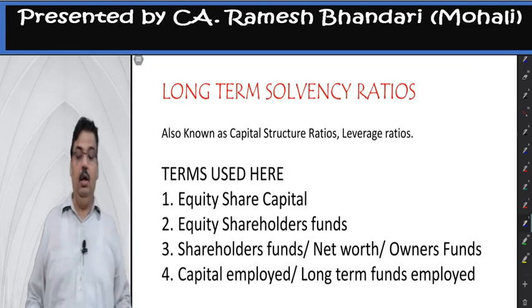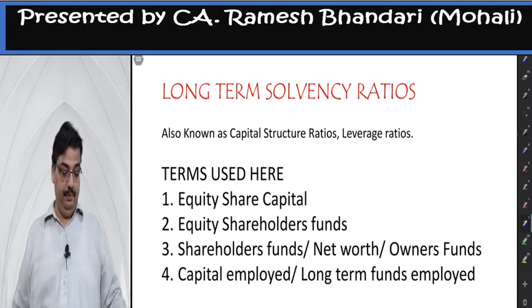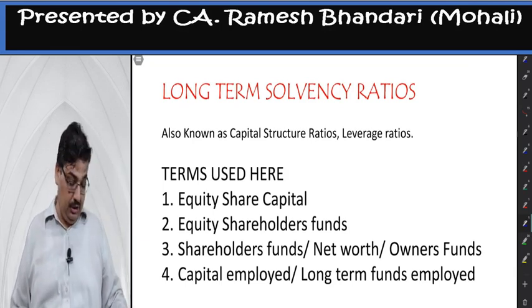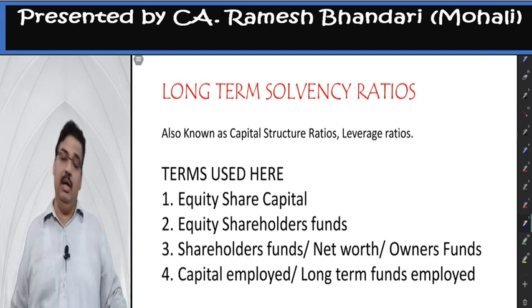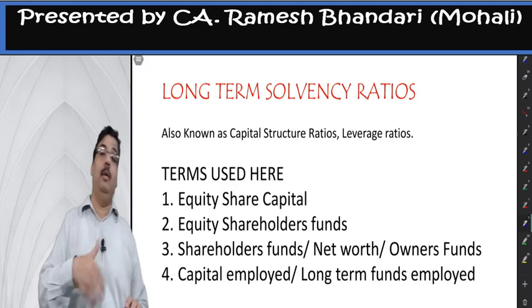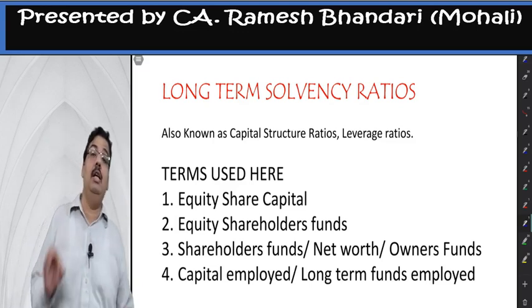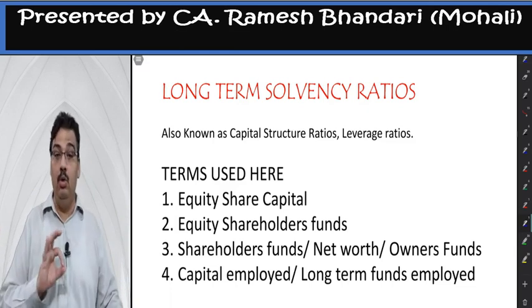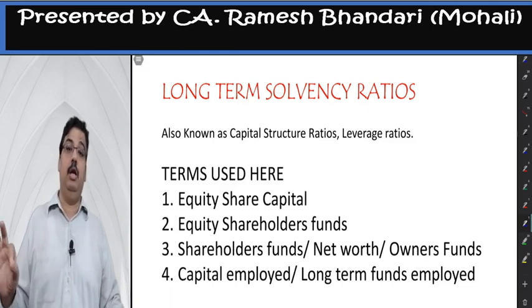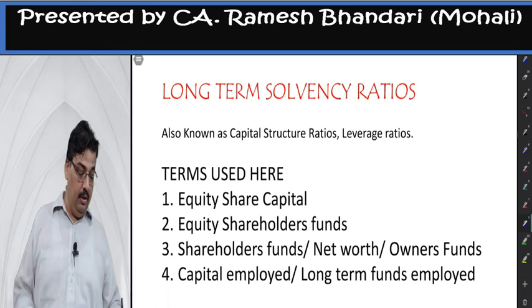First category, long-term solvency ratios. They are also known as capital structure ratios, leverage ratios, and many other names. Now, for the terms that we use here, you should be clear about the differences. Equity share capital is purely capital without any profits and losses. Reserves are not included.